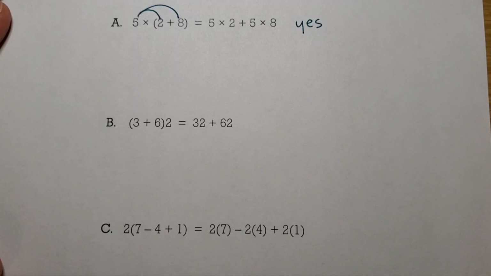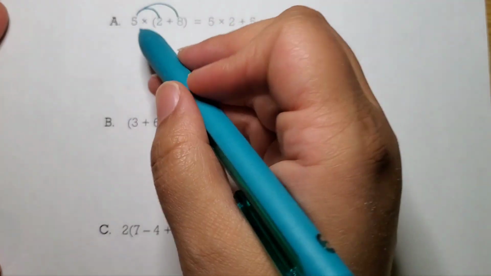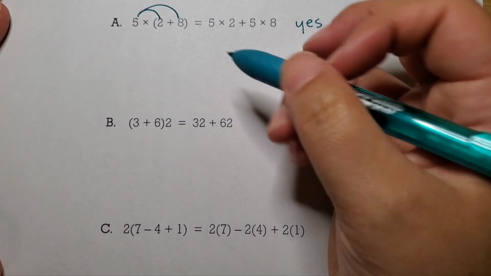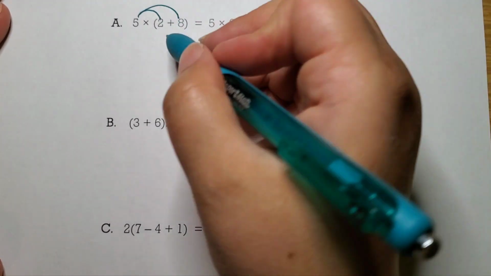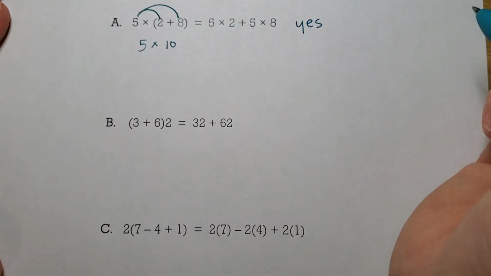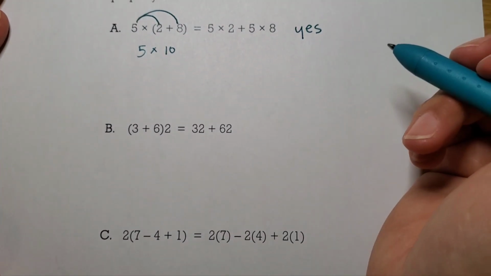Now let's see if this actually works. I've told you that this works, but let's see if it works. So I have here 2 plus 8, and by my order of operations I've got to do that first. So 2 plus 8 is 10, and then 5 times 10 is 50.